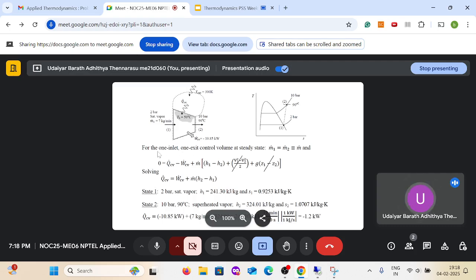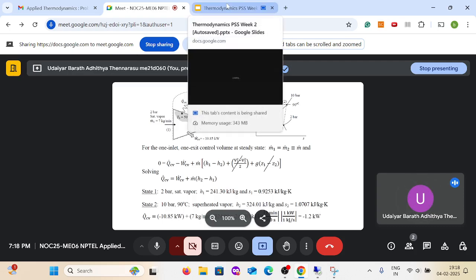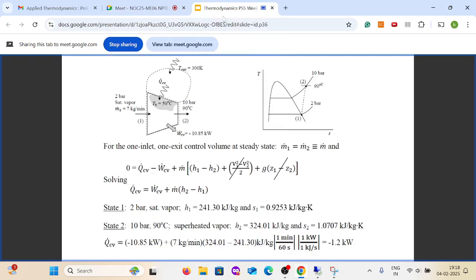At state 1, which is 2 bar and saturated vapor, the enthalpy corresponding to that point is 241.3 kilojoule per kg, and entropy is 0.9253 kilojoule per kg Kelvin. State 2 is 10 bar and 90 degrees Celsius, which is a superheated vapor. Corresponding to this pressure and temperature, enthalpy is 324.01 kilojoule per kg, and entropy is 1.0707 kilojoule per kg Kelvin.